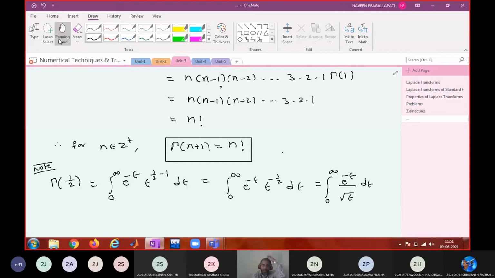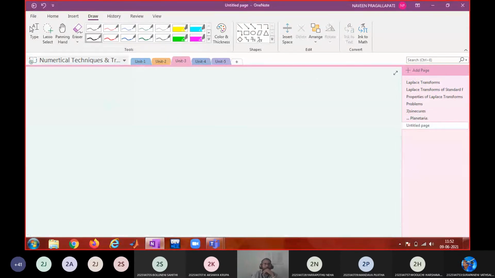Note down. Shall I proceed to the next page? Yes, sir. Okay, so we have gamma 1 by 2 is equal to 0 to infinity e power minus t by root t dt.